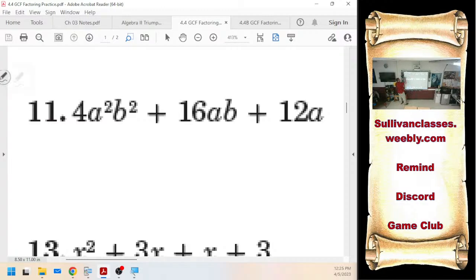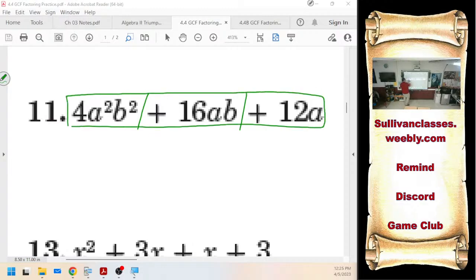So what I'd do is first I'd make sure I know what my terms are. Then I'll break up my terms. What times what makes 4? 2 and 2. Okay. So I'd write 2 by 2 by A, B, B.